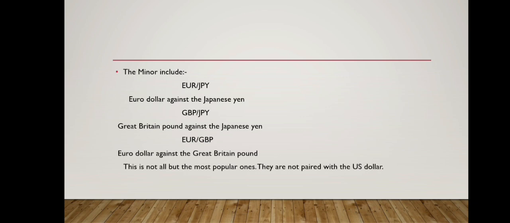The third one is euro pound. Euro is paired with pound, or pound is paired with euro, so they are not paired with the USD. So this made all these currency pairs minor currency pairs. These are not the only ones, but the most popular ones. As we continue in the future series, we will see more of the major and the minor currency pairs.